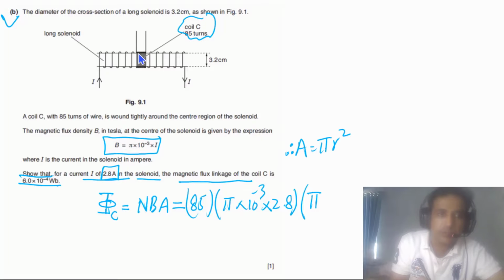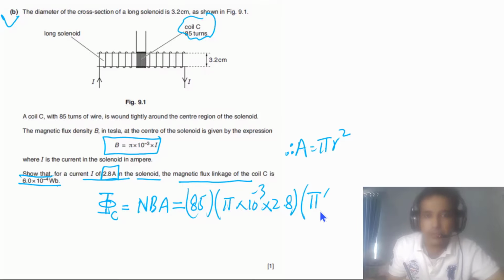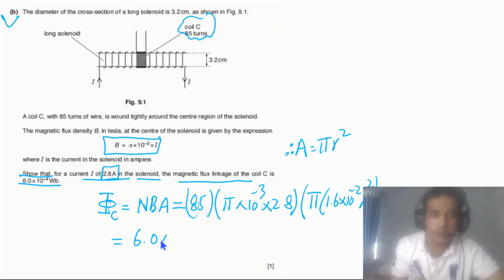R is the radius. The diameter of coil C is equal to 3.2, so the radius will be equal to 1.6 centimeters, meaning 1.6 times 10 to minus 2 squared. Now if we solve this one, our final answer will be equal to 6.0 times 10 to minus 4 webers. So this is what we need to show.